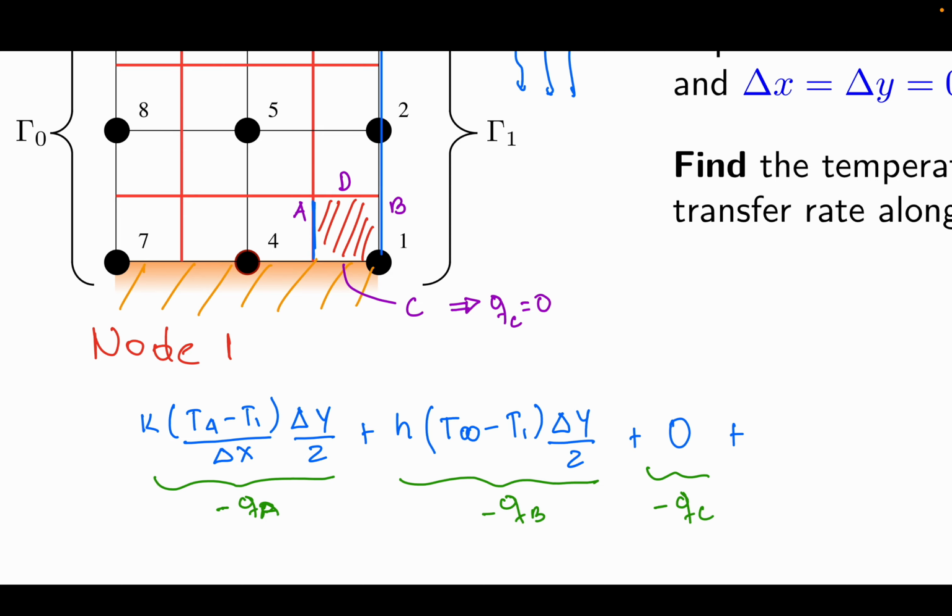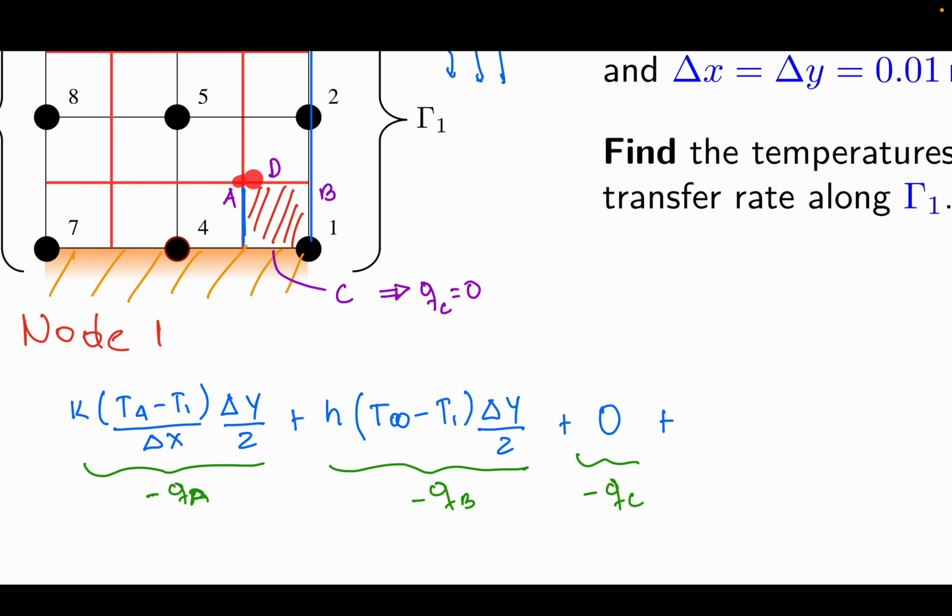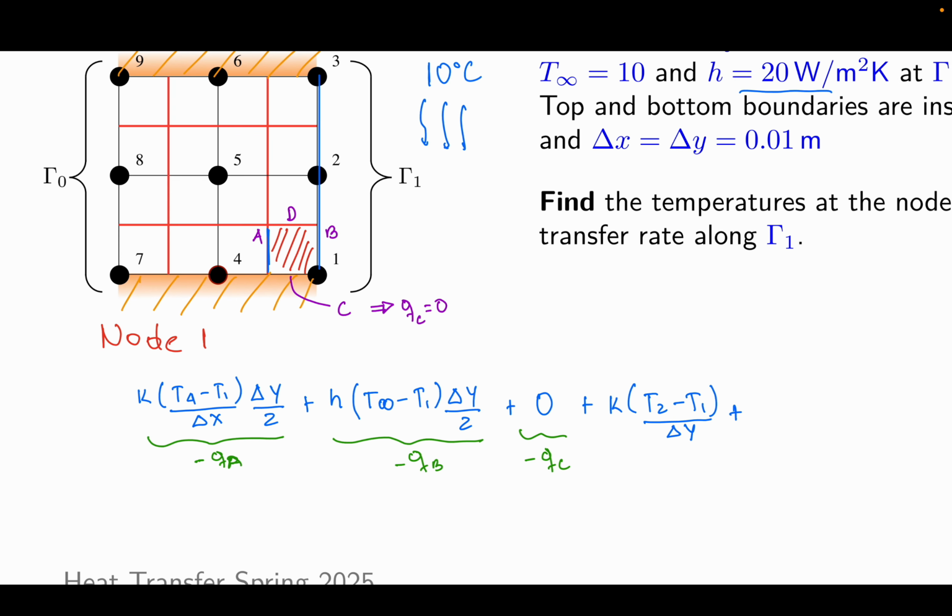So let me put 0 minus Q at C, and at D is the top surface, so we have K multiplied by the temperature out, which is T2, in is T1 for this section, T2 minus T1 divided by delta Y, because we are moving in delta Y, and multiplied by the area, but again this area is just half, so times delta X divided by 2.